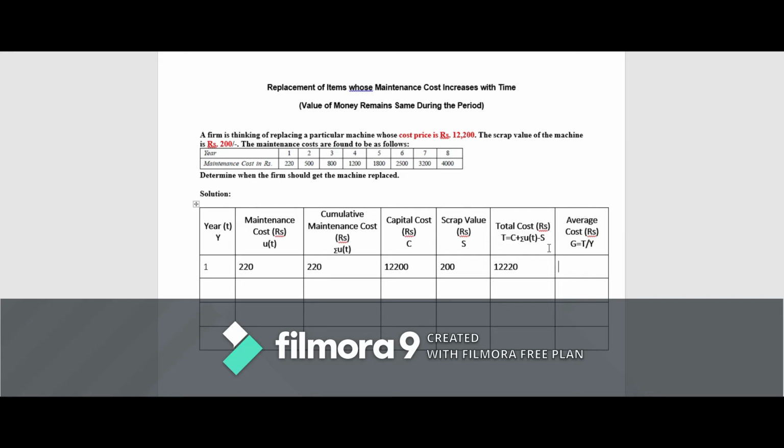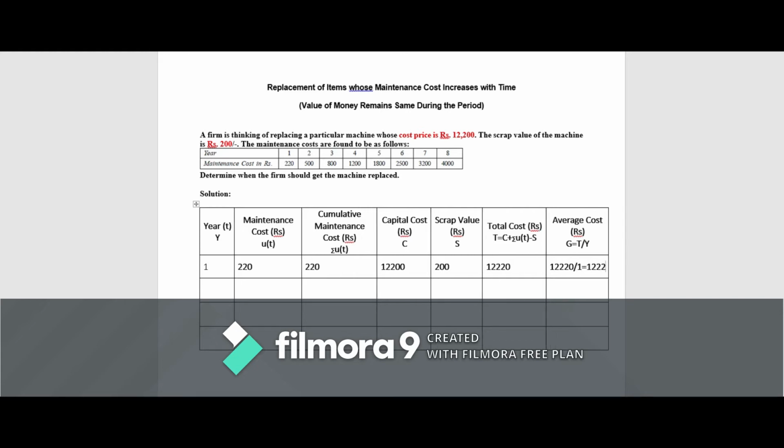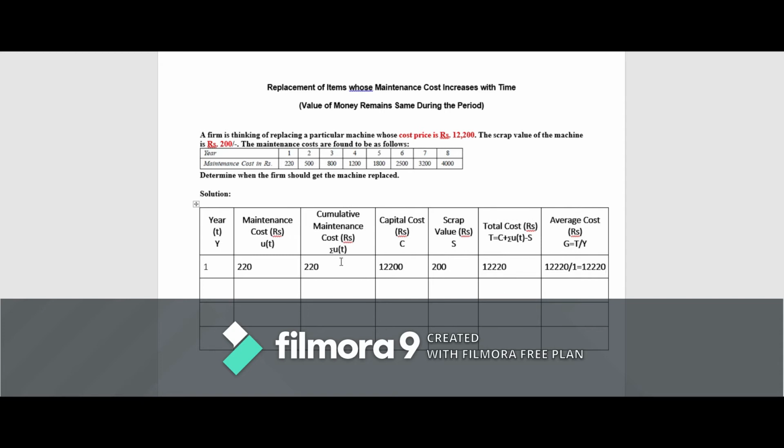The average cost G equals T by Y, which means total cost divided by that particular year. So the total cost is 12,220 divided by 1, which is equal to the same 12,220. In this way we are going to proceed with this problem.